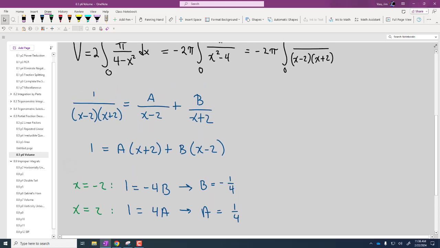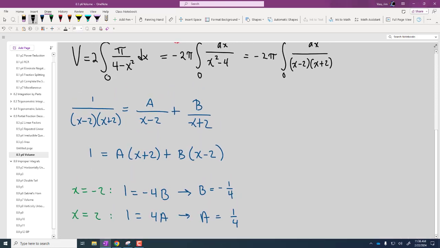That allows us to rewrite the integral. Well, let's see. I'm going to factor out 1/4 so that we don't have a fraction inside the integral. So factoring out 1/4, that 1/4 factors out as a 4 in the denominator.